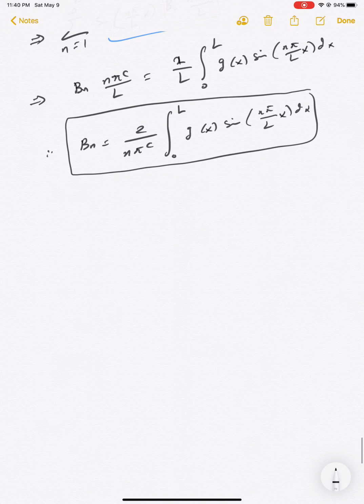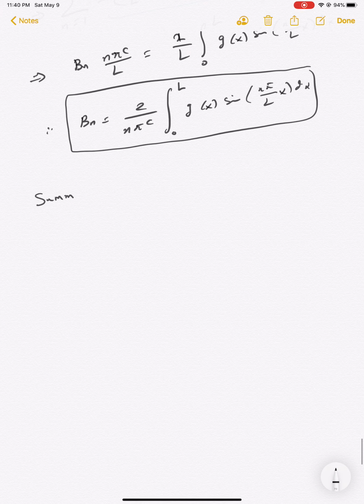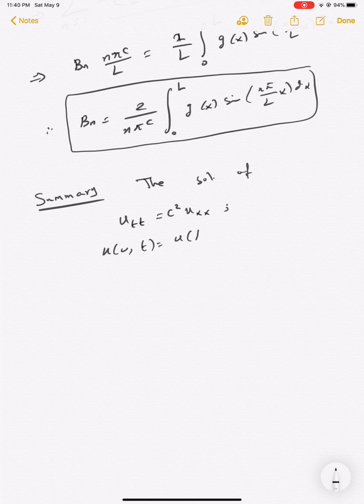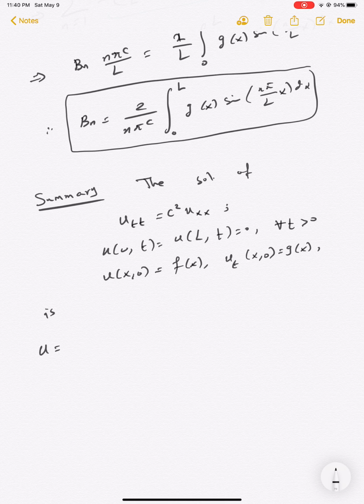I think at this point we need the summary of the solution. So basically the solution of the wave equation, and remember the wave equation is one unit. It's an equation together with four conditions, four boundary conditions. So the solution of this is u equals the sum.